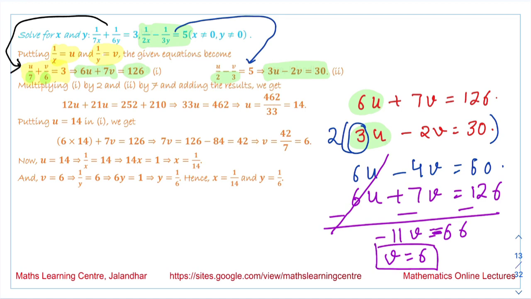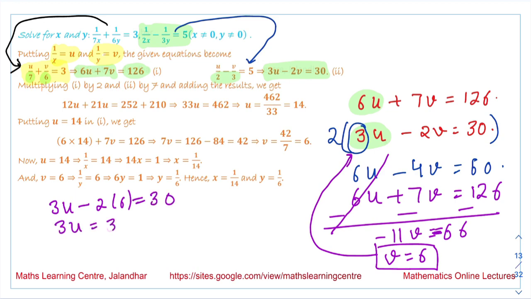Now if you substitute this value of v in the second equation, you will get 3u minus 2 into 6 is equal to 30. So it is 3u is equal to 30 plus 12, that is equal to 42. So the value of u you will get is 42 by 3, that is equal to 14.